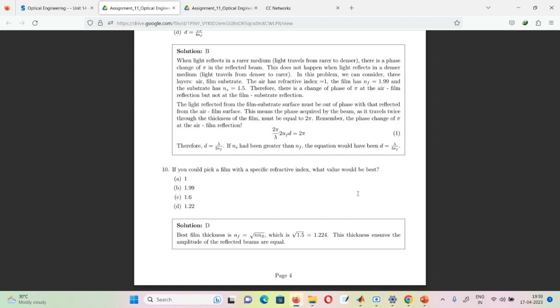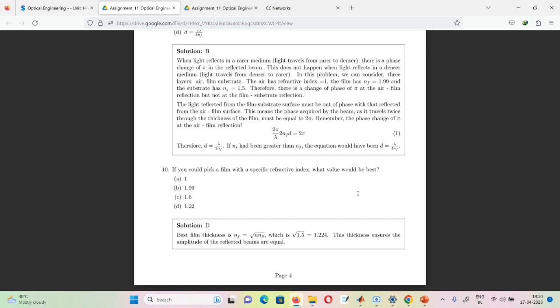They can directly give it like that. If you have the freedom to choose both, then you have to take a refractive index that is the geometric mean of these two substrates, air as well as the bottom substrate, and you have to take a thickness of lambda by 4. This is a specific question.